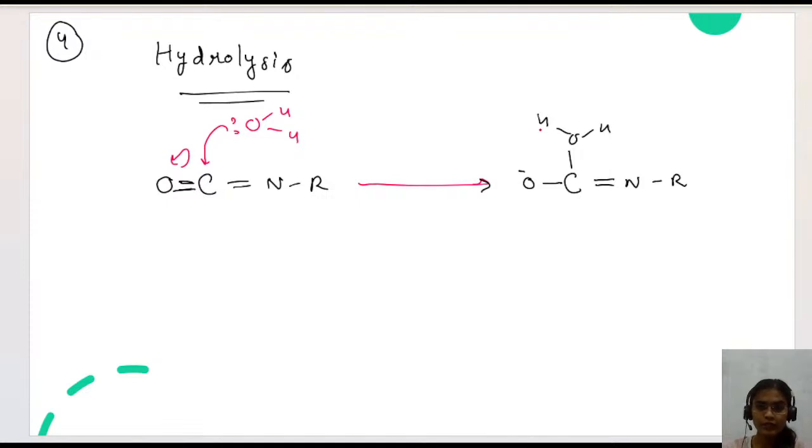This O simply attacks here, and this hydrogen is directly or indirectly abstracted by the nitrogen, and this is how the bond breaks. Again, we are not going to write it that way; just hydrolysis, and I can write a simple transfer of proton. So again I'm repeating, this hydrogen breaks the bond.